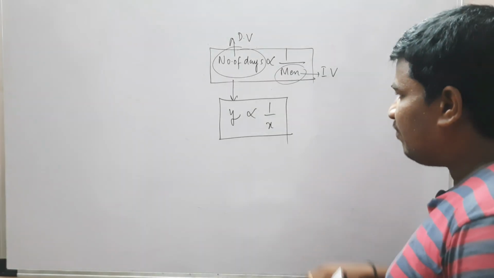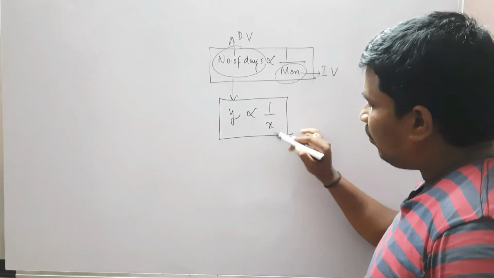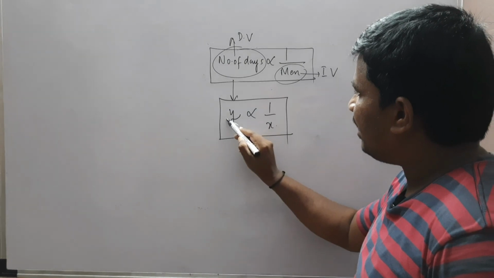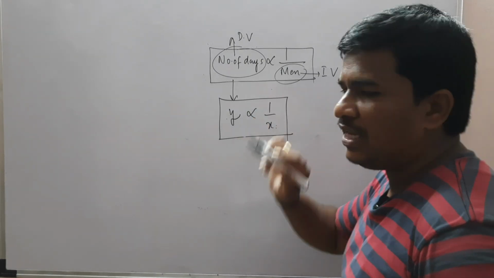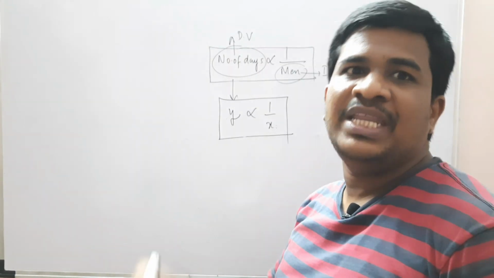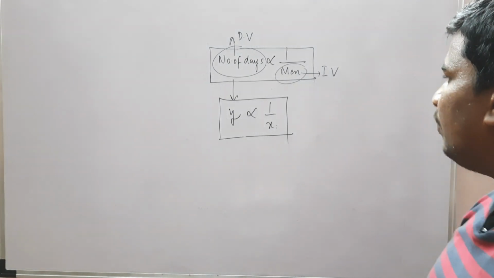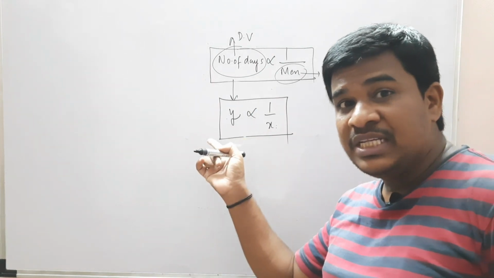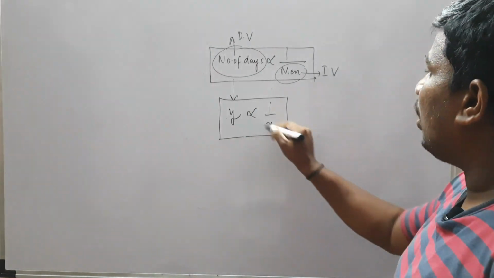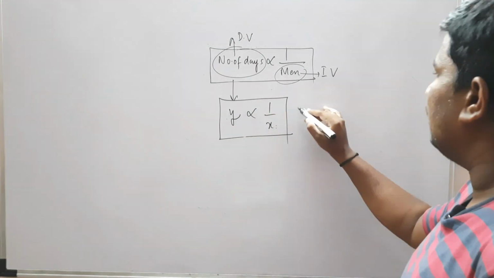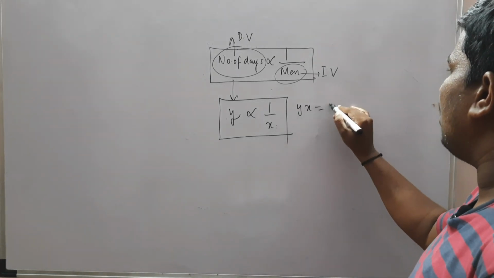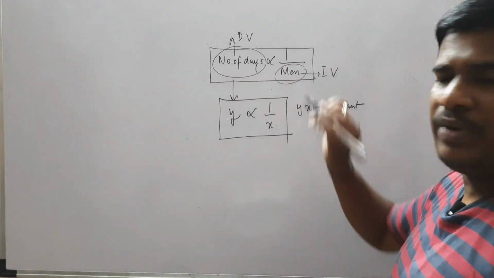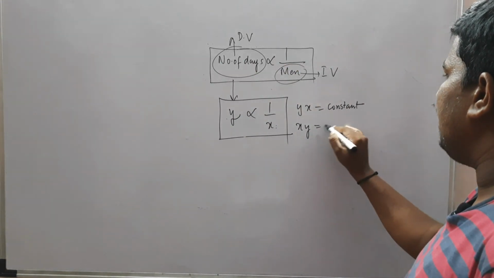What it tells is if this quantity increases, this will decrease. If this decreases, this will increase. That is the actual meaning. So y is directly proportional to 1 by x. But what did we see just now? The product of these two is always constant. So I can write yx is always constant. I mean number of days into men. So that is xy is constant.